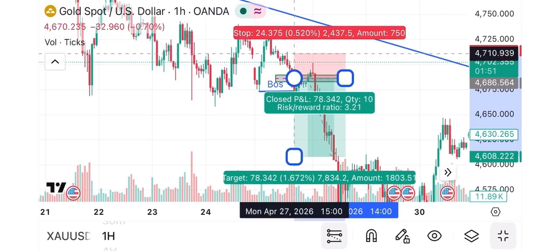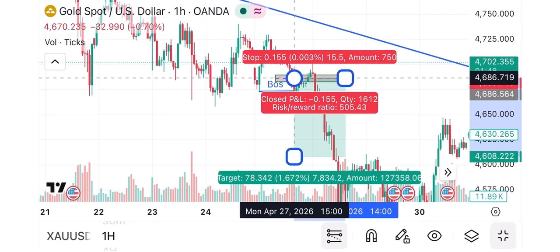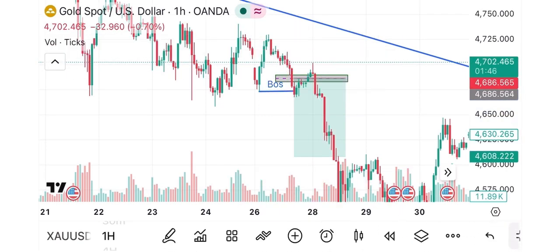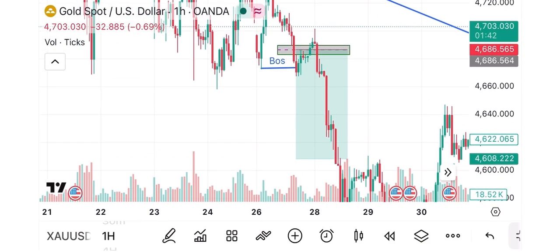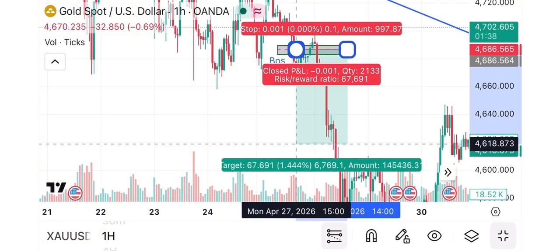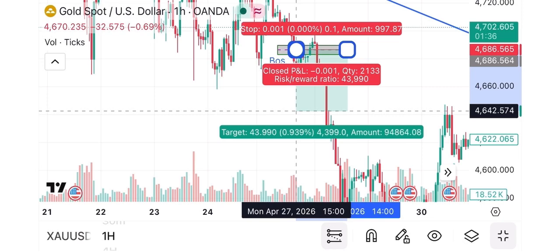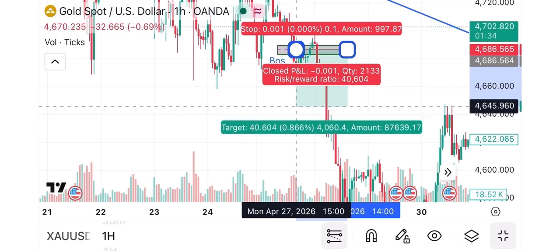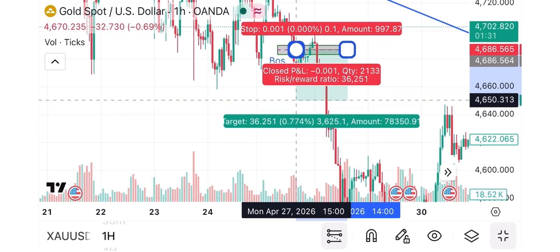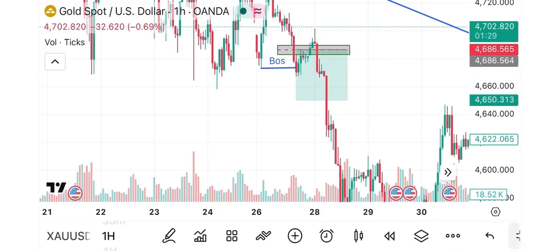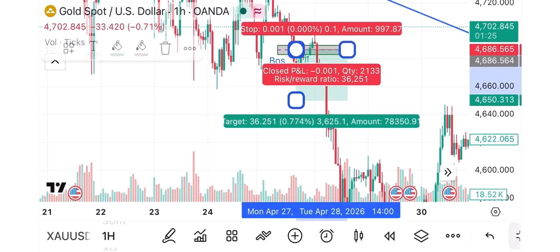I don't know if you see what I'm doing. Take my SL down to my entry point, and that's if price comes to 1:2. If price gives me 1:2, which is almost at this point, I take my SL down to the entry point, and at this point you can see that price is probably giving me 1:2. So I take my SL here and I'm targeting 1:3.